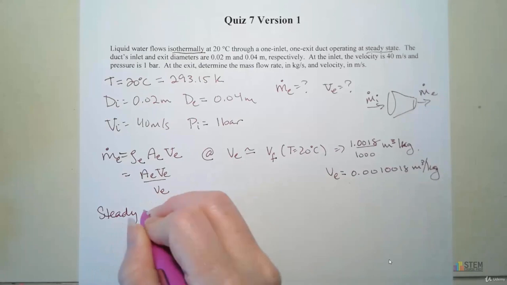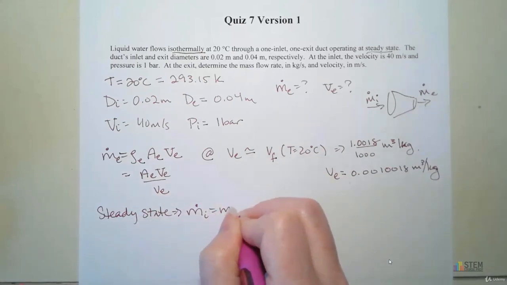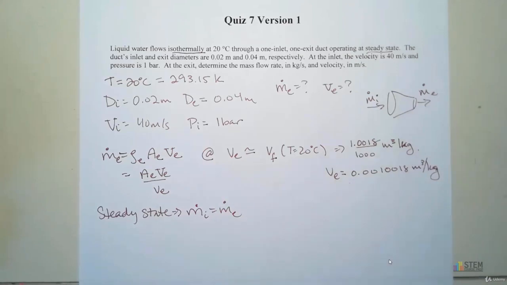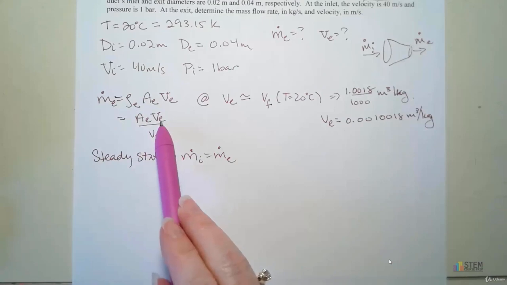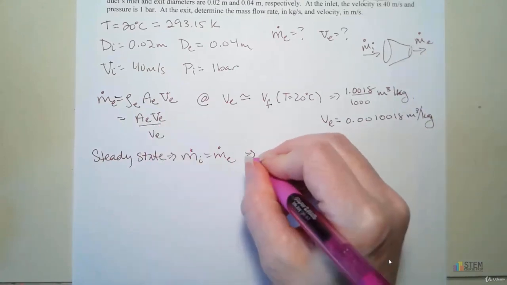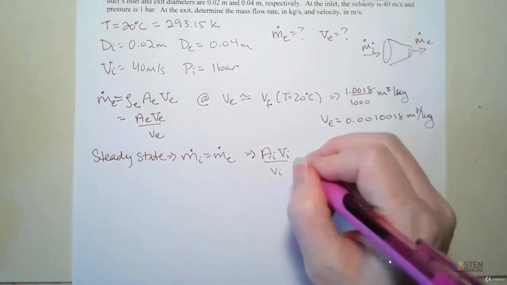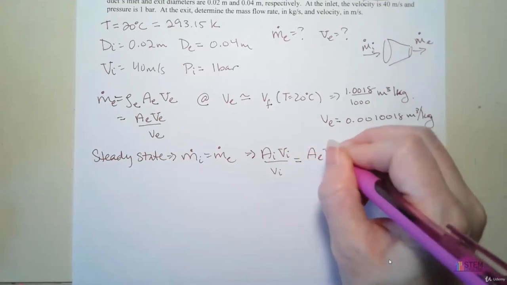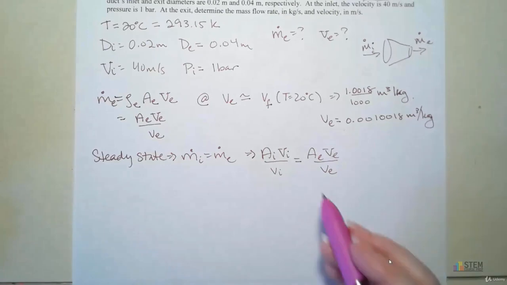We know that they are the same value. So m dot I has got to equal m dot E, since they are steady state. Now with that, we could do this equation for the inlet and the exit, and set them equal to each other. That'll be our next step. So we'll have AI VI over little vI, that's going to equal AE VE over little vE. Then we just need to fill in the values and see what we are left with.